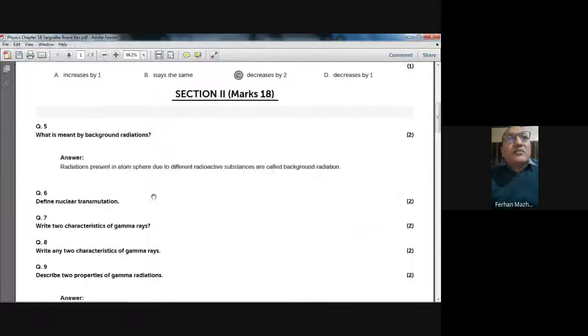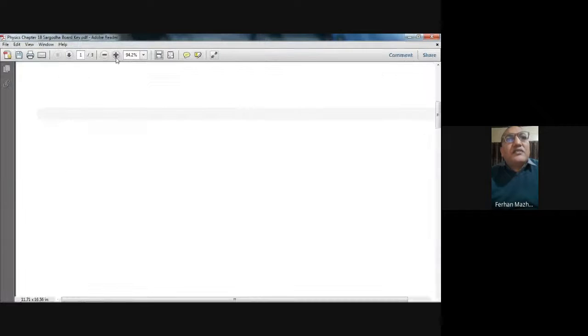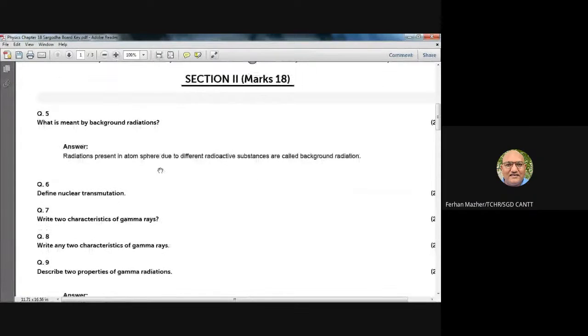I hope on your screen it's visible. So the first question is, what is meant by background radiation? The answer is radiations present in the atmosphere due to different radioactive substances are called background radiation. Background radiation is the radiation present around us all the time.